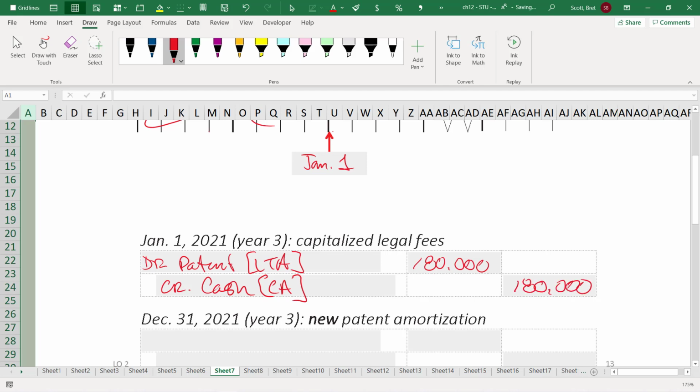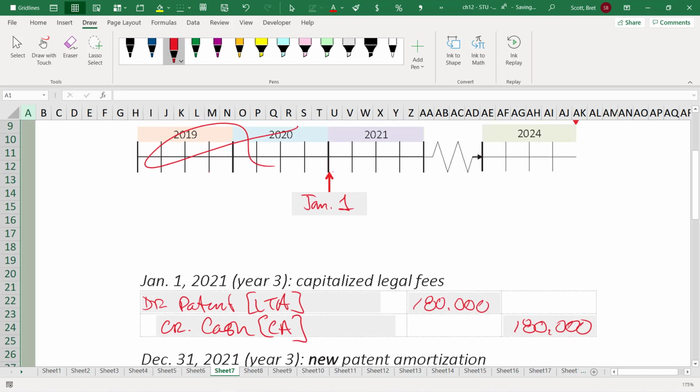But here's the tricky part now. If we've bumped up the value of the patent, now we have to figure out a new amortization per year. So let's go back up above. We had $120,000 as the original cost.